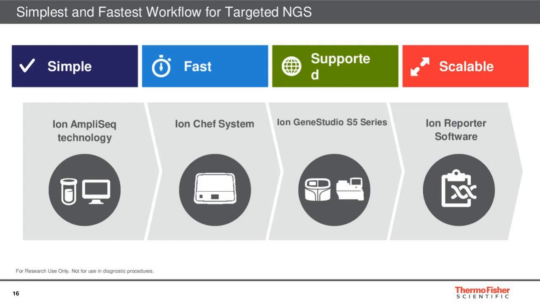The Ion Chef system provides automated template preparation, and for some of our assays can even automate the library preparation. The Ion GeneStudio S5 series is designed to enable a broad range of targeted NGS applications with speed and scalability. It is able to cover from 2 million to over 130 million sequencing reads per run, so you can scale according to your research projects with only one sequencer. Finally, the workflow is completed with optimized data analysis provided through the Ion Reporter software.